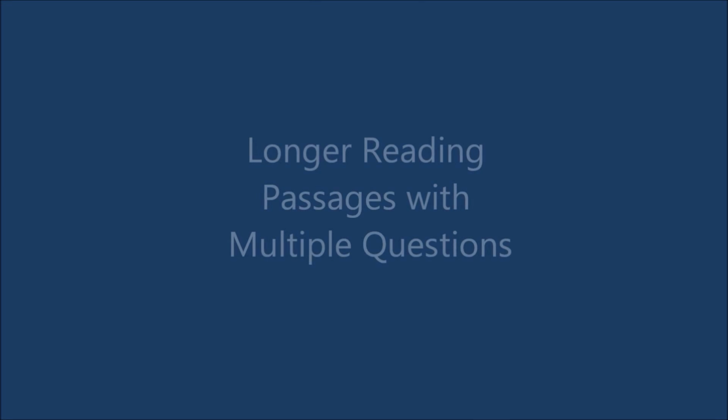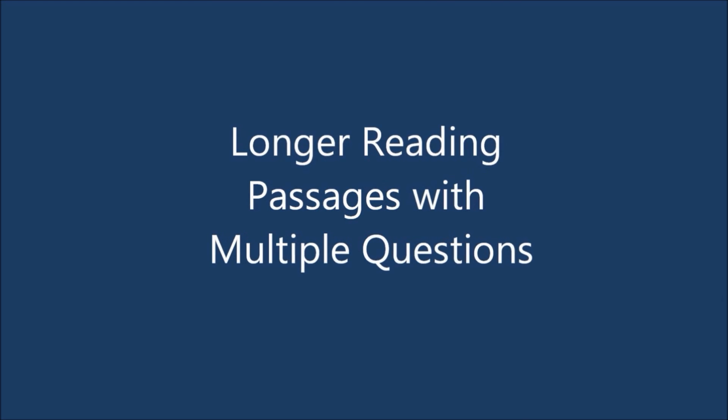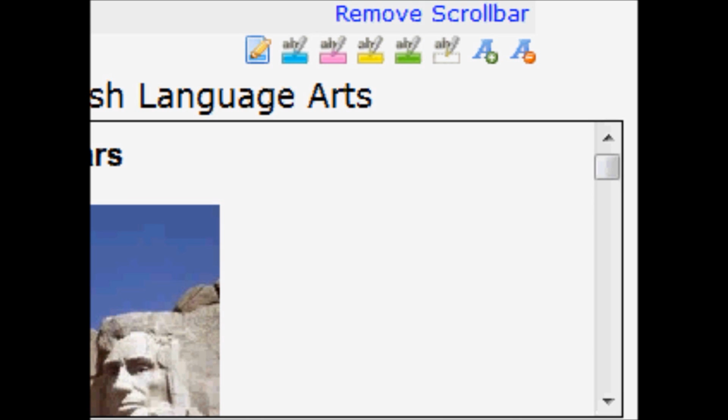There are longer reading passages with multiple questions regarding the exact same passage, so be very careful to read carefully and understand the story. So right now we notice that we have a reading passage in the inside where you have to scroll down in order to see the whole thing. We have some menu bars, and this one in the upper right-hand corner I want to point out, where you can highlight items, but you can also zoom in and zoom out.